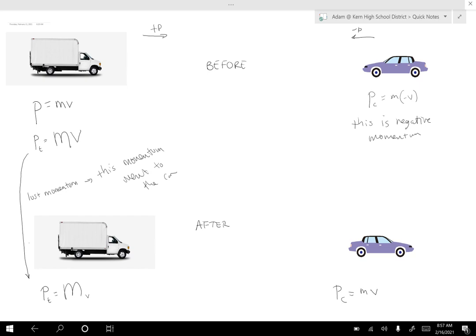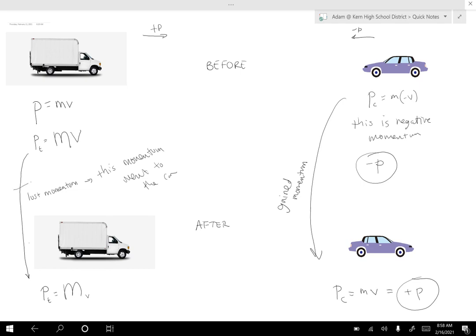So this went from a negative p to now a positive p. So this car, although it looks like it slowed down and maybe even turned around, actually gained momentum, only because it went from a negative momentum to a positive momentum.